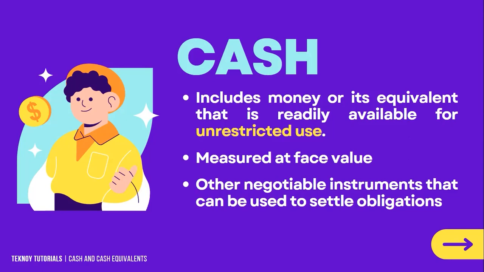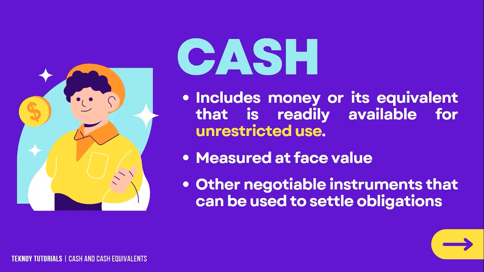Moreover, cash maintained in a bank undergoing bankruptcy is excluded from cash and is presented as a receivable measured at its realizable value. Moving forward, other negotiable instruments that can be used to settle obligations and are readily available for unrestricted use may form part of cash.